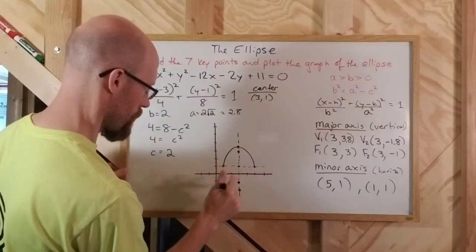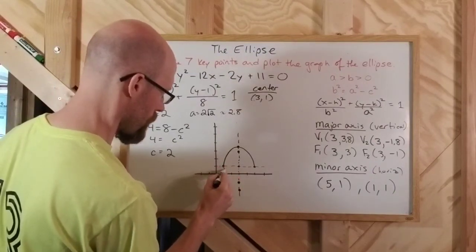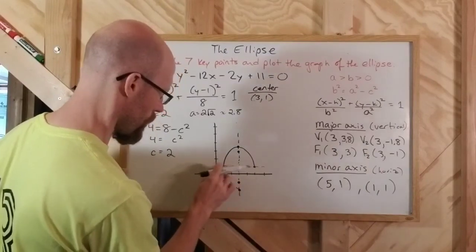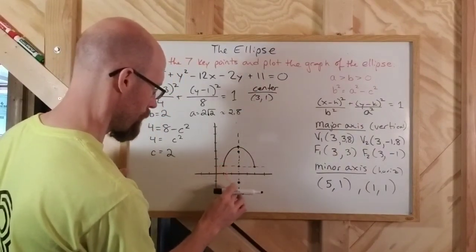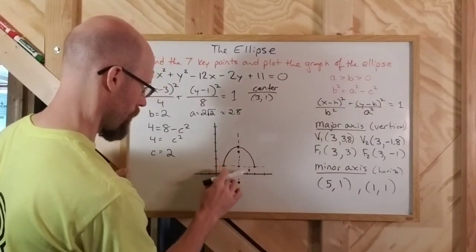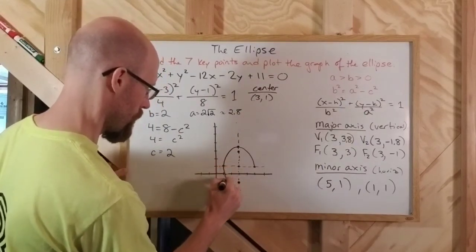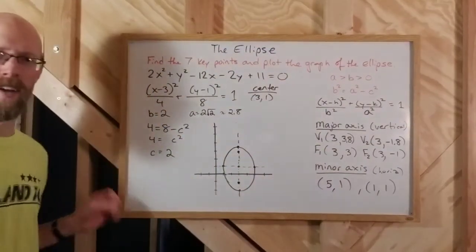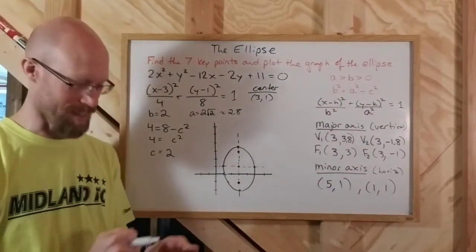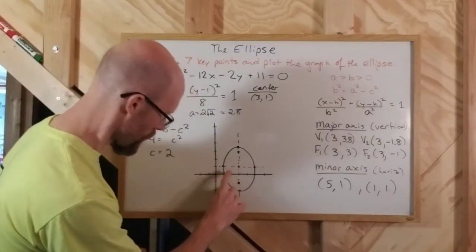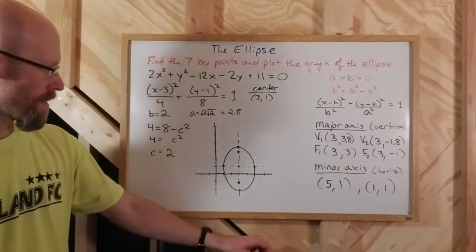This is definitely the tricky part, is trying to draw these in a way that actually looks decent. Oh, good grief. It's just not close enough. There we go. Okay, that's not too bad. Takes a little bit of erasing and fixing, but it doesn't look too bad.